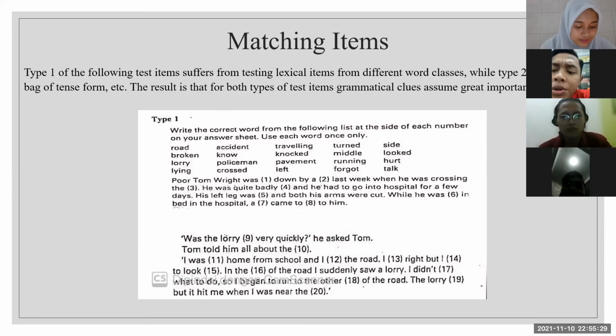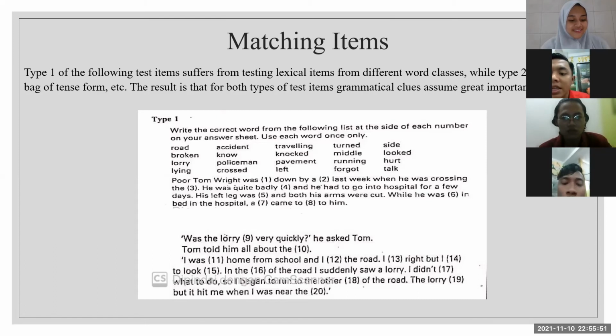Before we go there, I want to explain about type one. Type one is: write the correct word from the following list at the side of each number on your answer sheet. Use each word once only. This is like words such as road, accident, travel, turn, side, run, and each other.